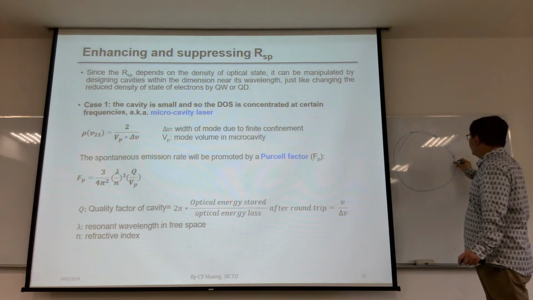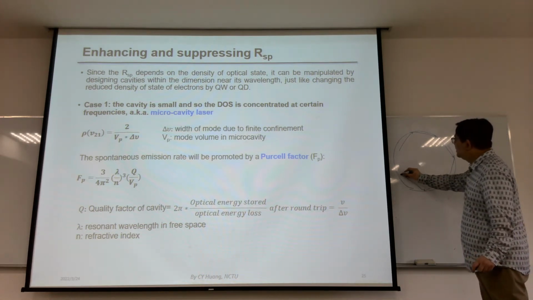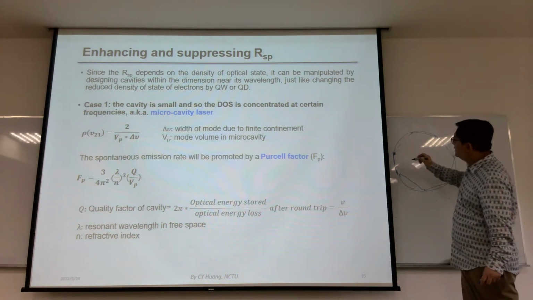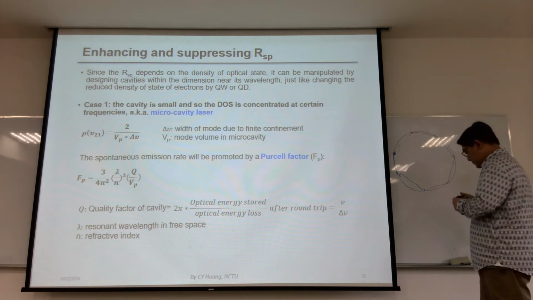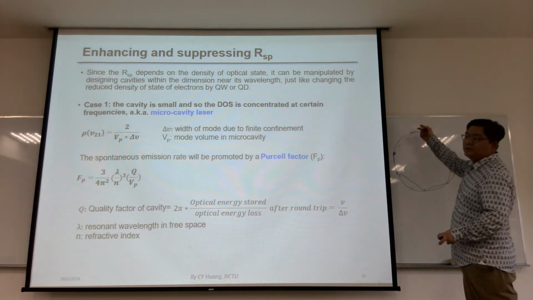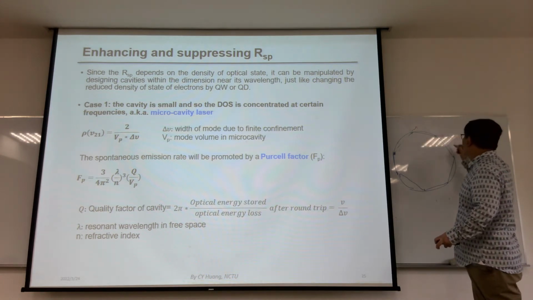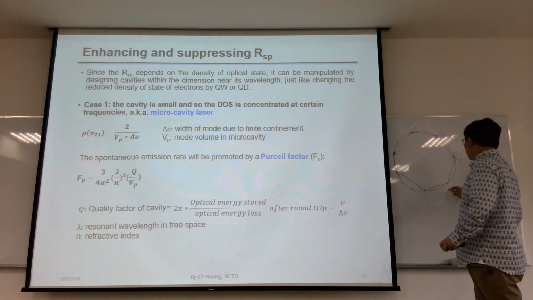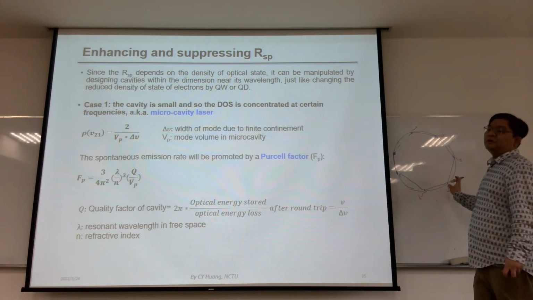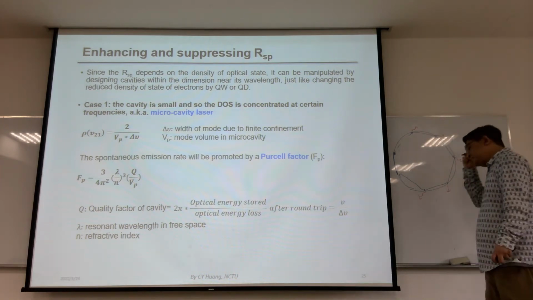It's going in an internal direction, internal reflection. That's the light starting from a starting point, and at each pass, there might be some loss. So the photons will be leaving this cavity during this circle.